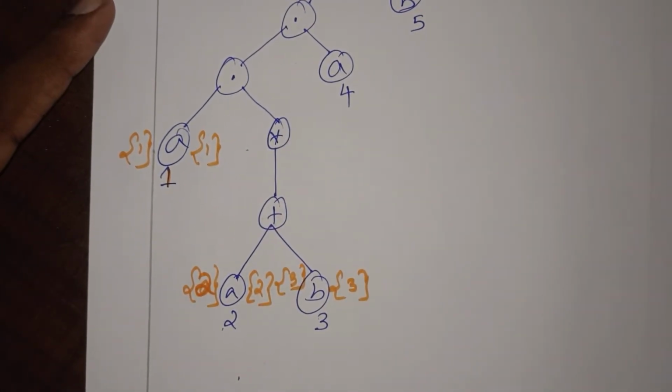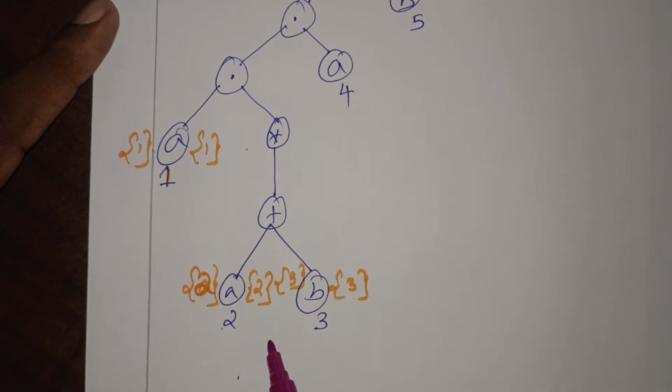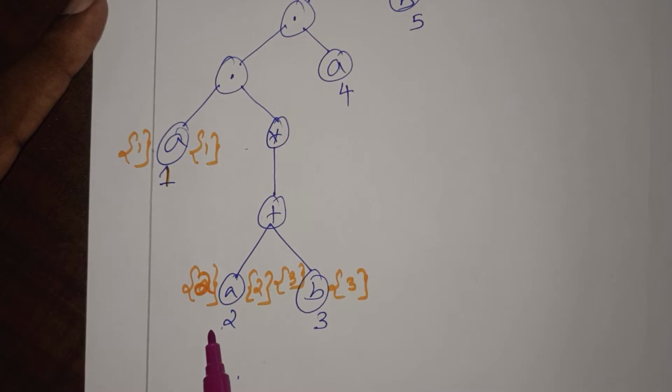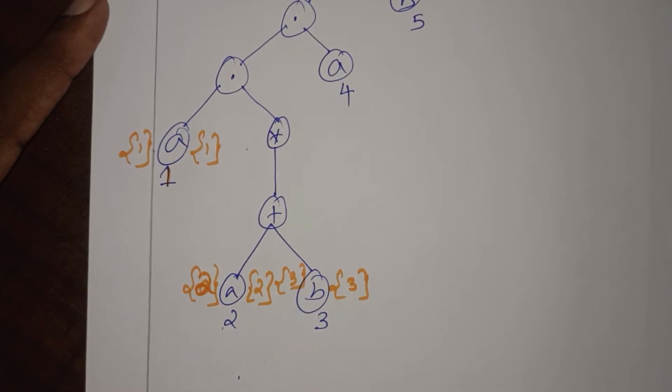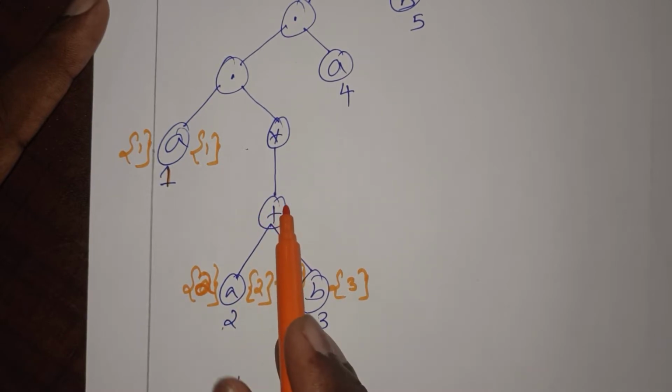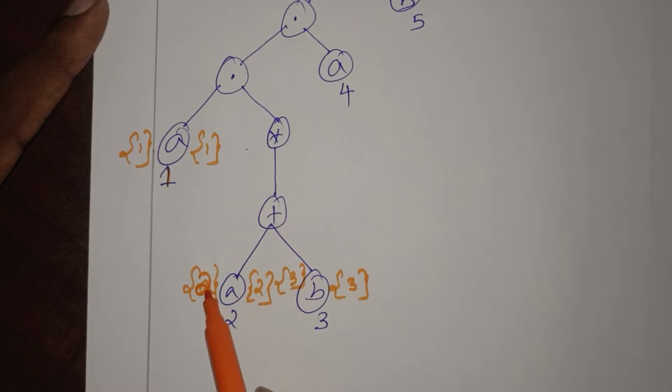So now I am going to use different colors so that you can understand, because now we have an OR value here, that is plus A and B. If you remember the first position of plus, by using that you can remember that it is going to take a union of A and B. The first position of A is 2, and the first position of B is 3.